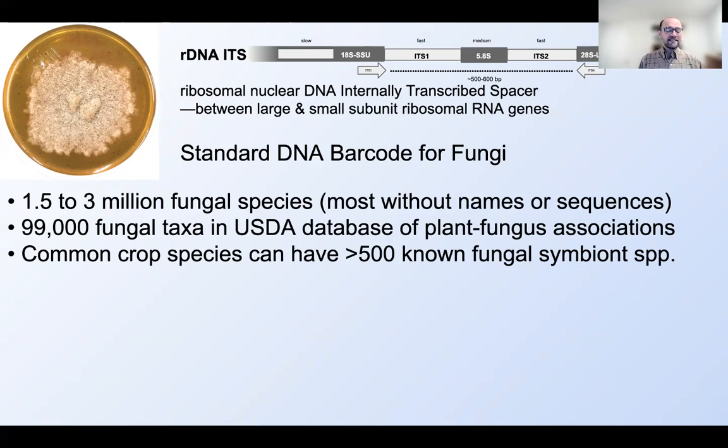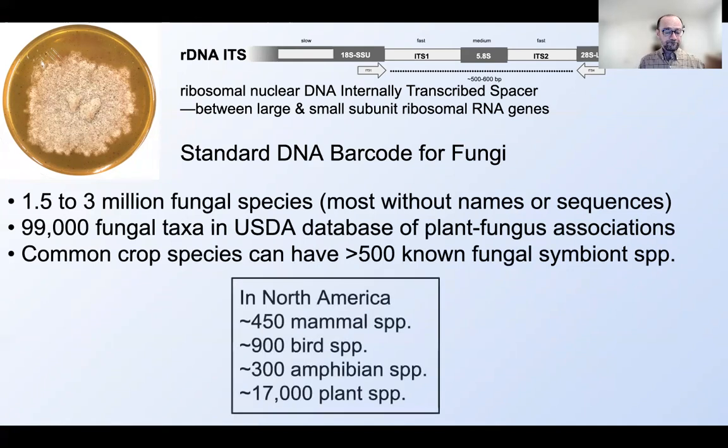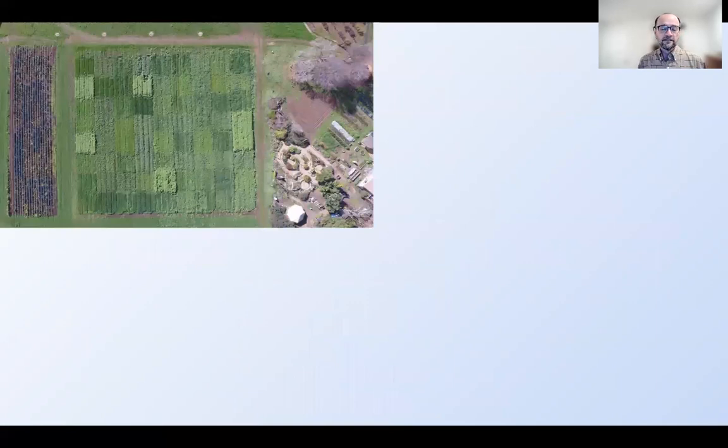And even in a single crop species, we can find as many as 500 or more known fungal symbiont species. Now, those numbers are far in excess of what we see with larger organisms like mammals and birds and amphibians, and even thousands of plant species. There's only 17,000 plant species in all of North America. So the diversity that we're dealing with is quite astounding.